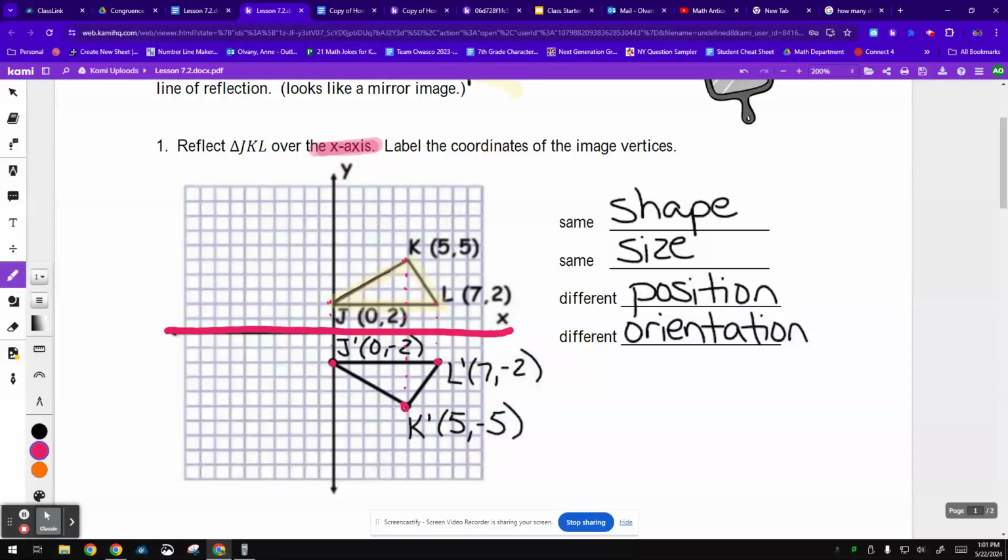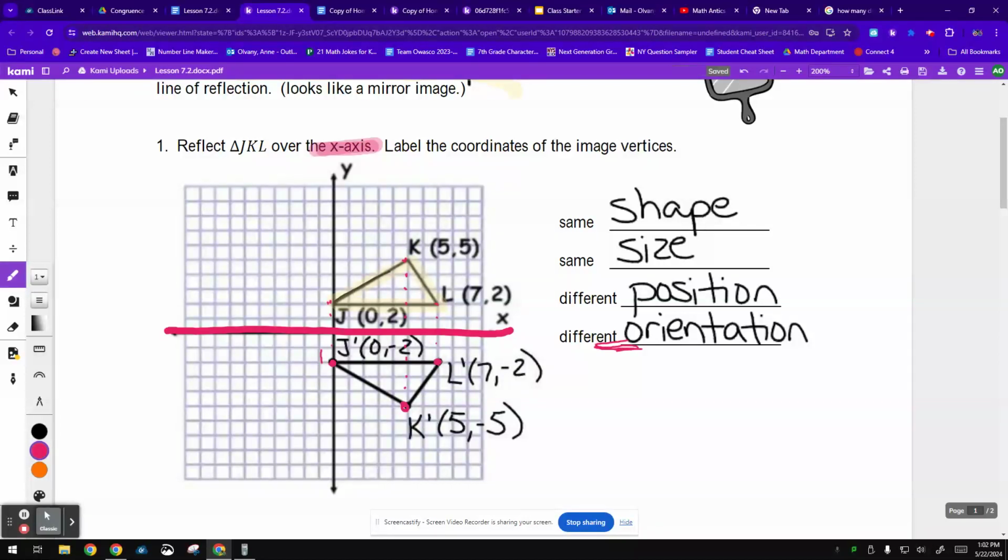Starting from the top, moving in the clockwise direction: K, L, J. Starting here, K, J, L. Is that the same order? No, this is K, L, J. Starting with K here, this is K, J, L. The orientation is different. Kira.